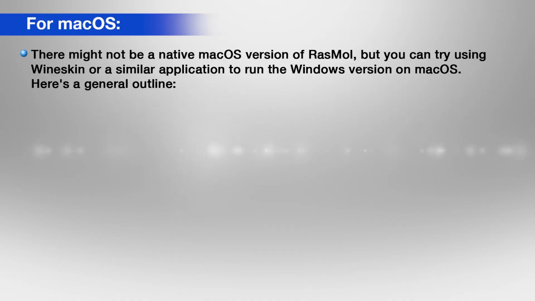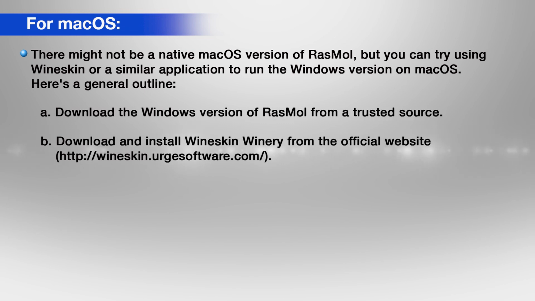For Mac system, there might not be a native Mac OS version of RASMOL, but you can try using Wineskin or a similar application to run the Windows version on a Mac system. Here is a general outline. Download and install the Wineskin binary from the official website, that is wineskin.urgesoftware.com.